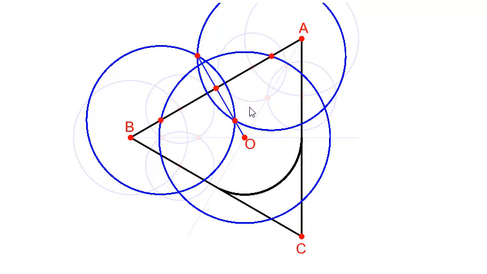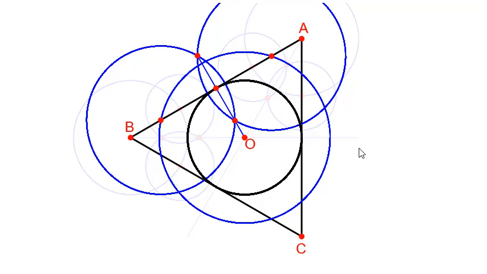So we'll draw that circle now. And that circle is the incircle of our triangle, and you can see it touches all three sides of our triangle. So that's our construction complete.